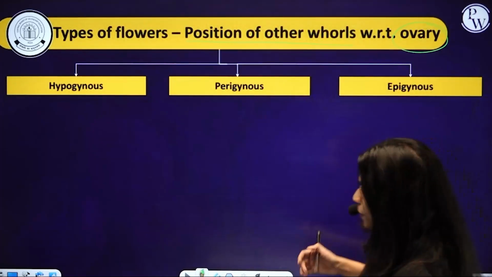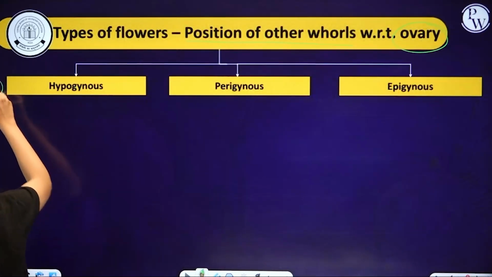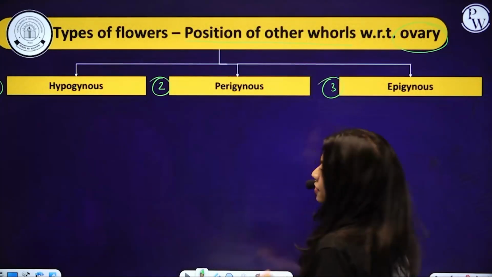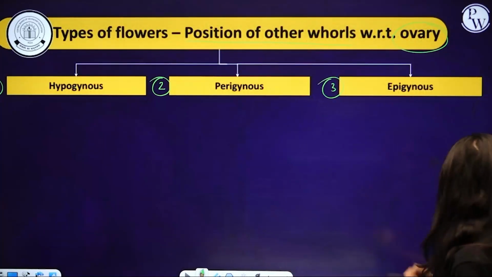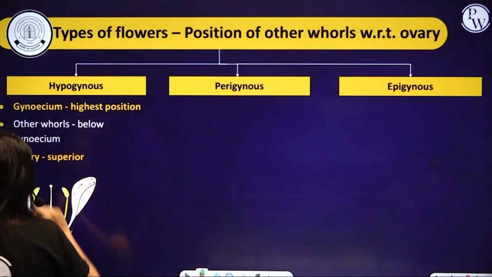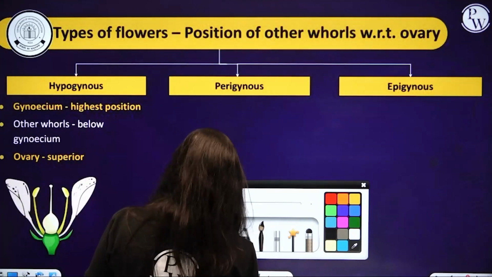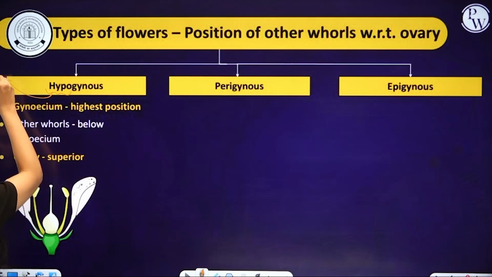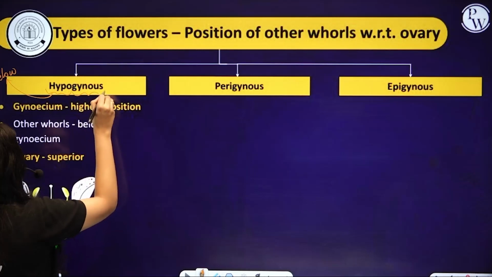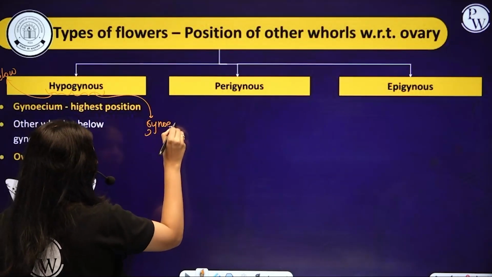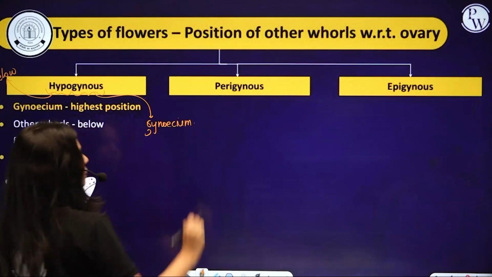So the three different types are hypogynous, perigynous, and epigynous. Hypogynous flowers, as the name itself indicates, the term hypo means below, gynous refers to gynoecium.